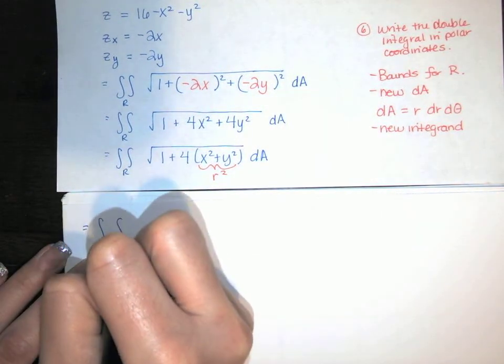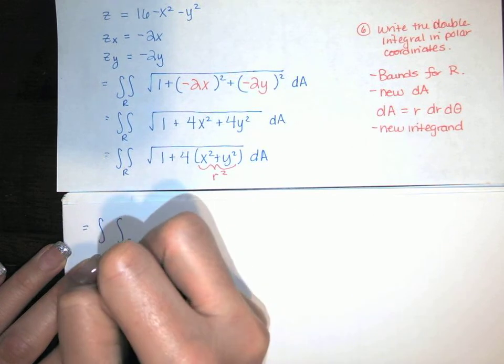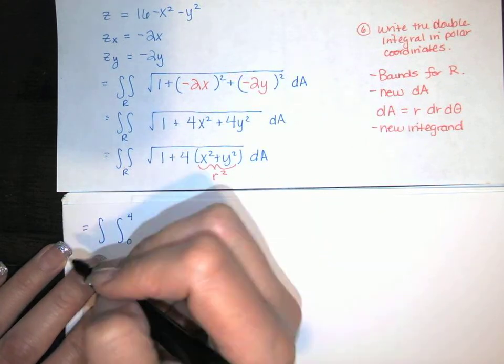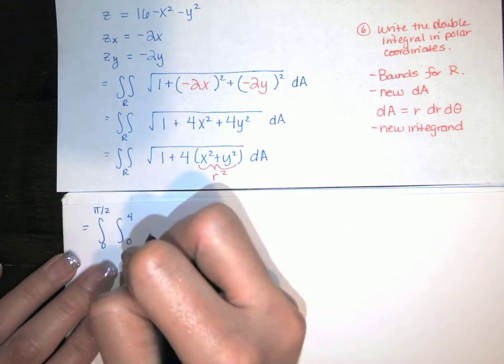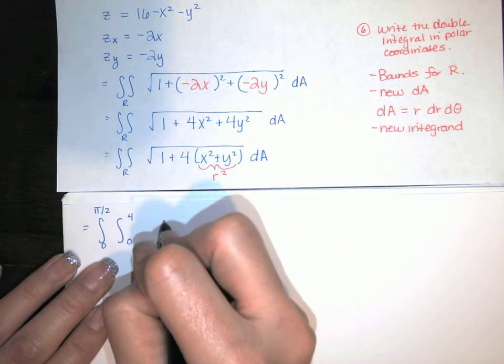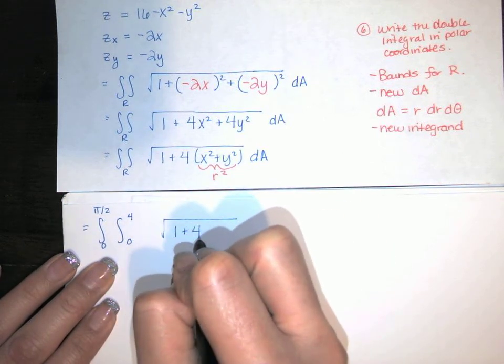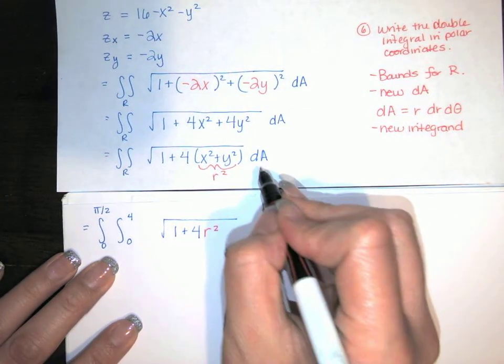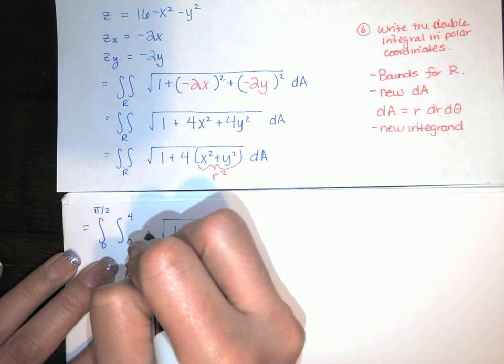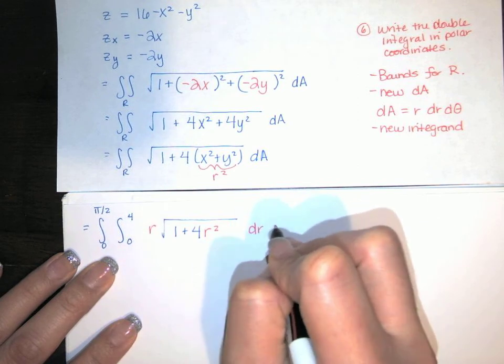So this double integral over R, I can write it as the integral from 0 to pi over 2 of the integral from 0 to 4 of my integrand, which is the square root of 1 plus 4, and x squared plus y squared is r squared. And dA is replaced by r dr d theta.